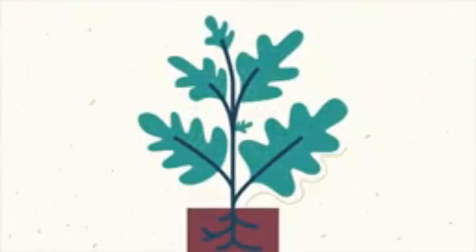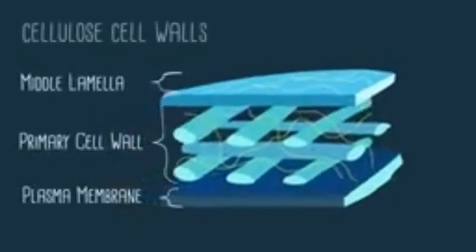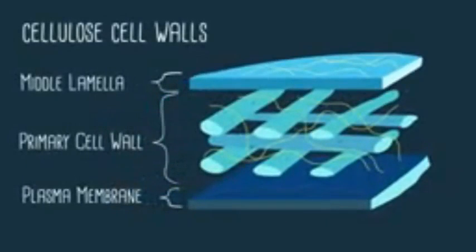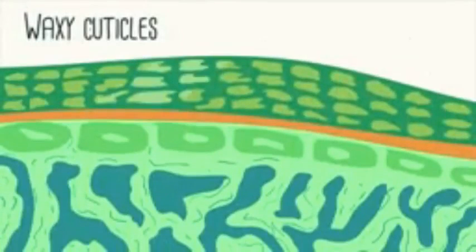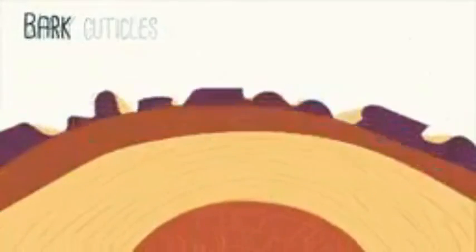Sometimes plants do not show symptoms because they, like humans, have evolved a range of ways to avoid and fight infection. The first barrier to infection is the plant's preformed defences. These can be physical barriers like cellulose cell walls, tough waxy cuticles on leaves, or layers of dead cells around stems which fall off like bark on trees.